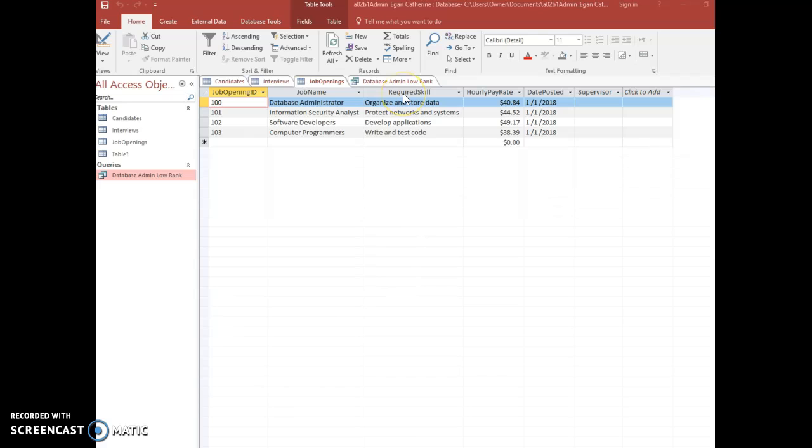We had to identify what skills were required for the job, and also research the hourly pay rate for each one of those job names.